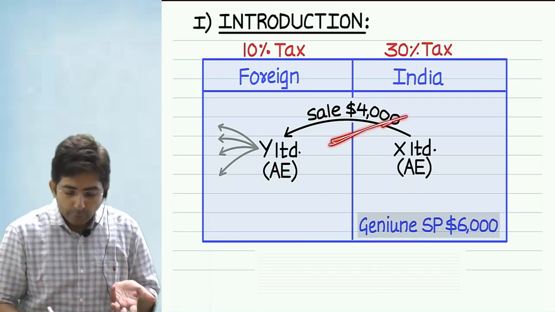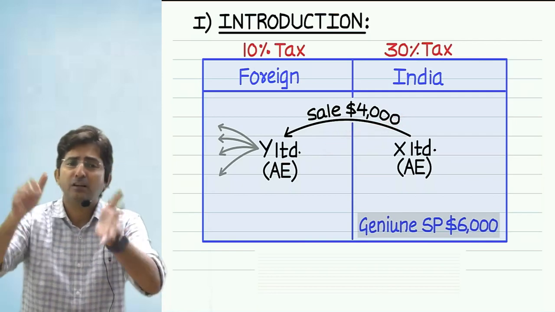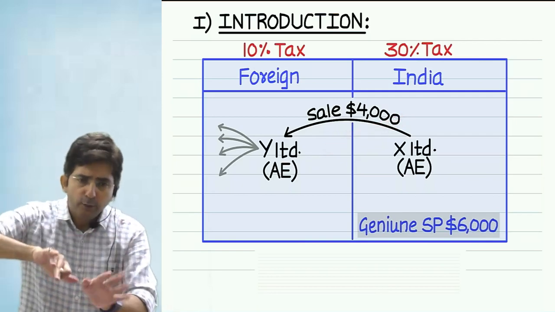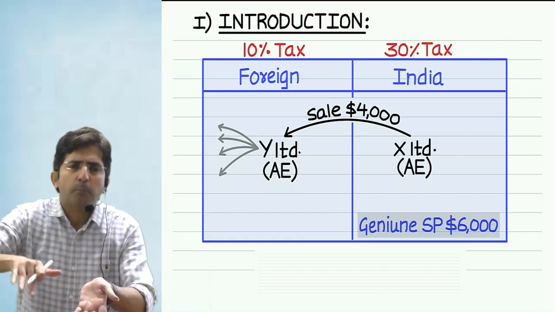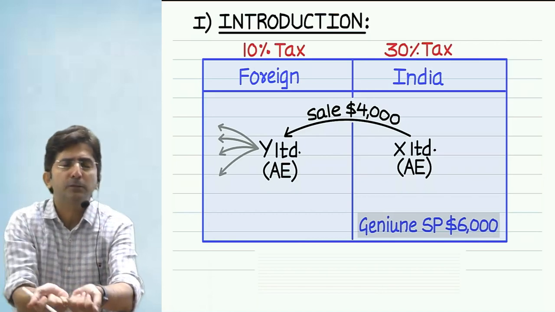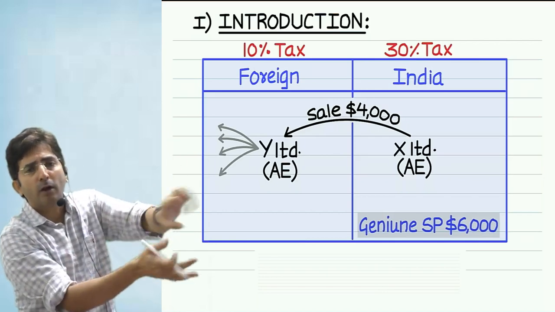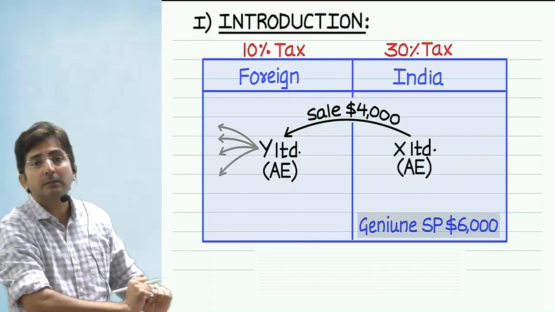Because when you manipulate the sale price and make it short, from 6,000 to 4,000, you are reducing the profits in India. And that means on that profit, the Indian government is not able to get the tax. And the same profit is being shifted to a foreign country in the books of Y Limited, on which the foreign country is getting the tax.